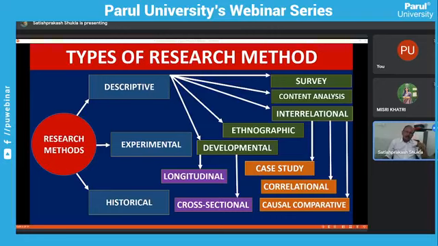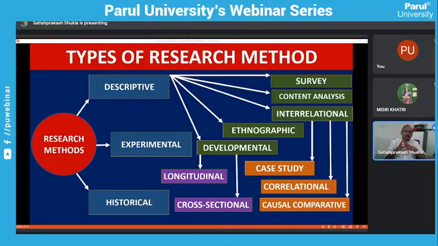Again, we have to remember that the impact of the time factor on some particular attribute, trait, or characteristic of a human being, living being, or organism is studied in developmental research, and it tries to describe the pattern of progressive change found in a living being or organism in terms of a certain attribute, characteristic, or trait.